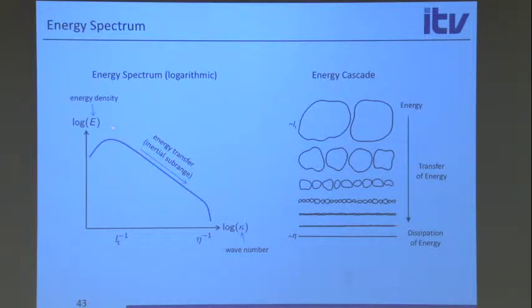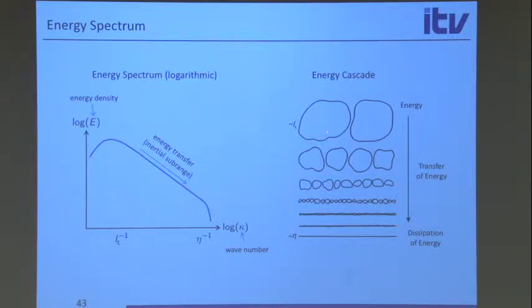We said earlier the energy also is produced in the large scales because it comes from the shear. The shear is a large-scale quantity, so it produces large scales. But the dissipation of the energy is in the small scales. So somehow there must be a transfer of energy from large to small scales.